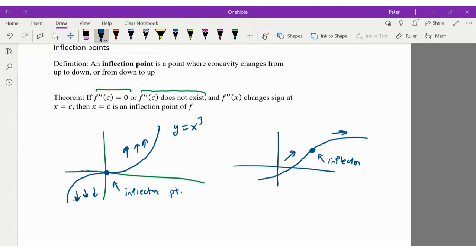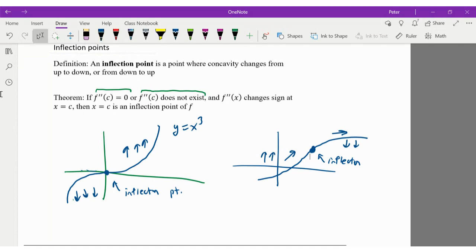A function can be increasing and concave up or increasing and concave down. Here we clearly have the concave up part, and here we have the concave down part. So these are just really two different shapes of increasing functions. And when we change from up concavity to down concavity, we call it an inflection point.